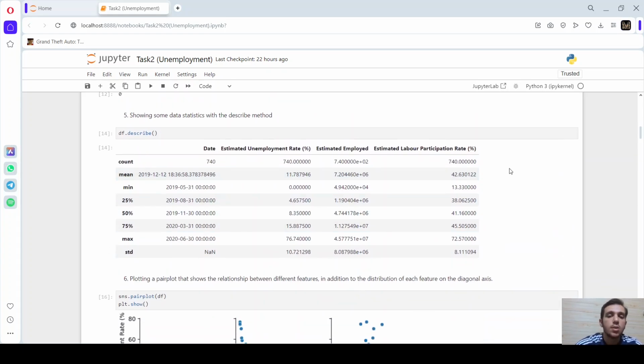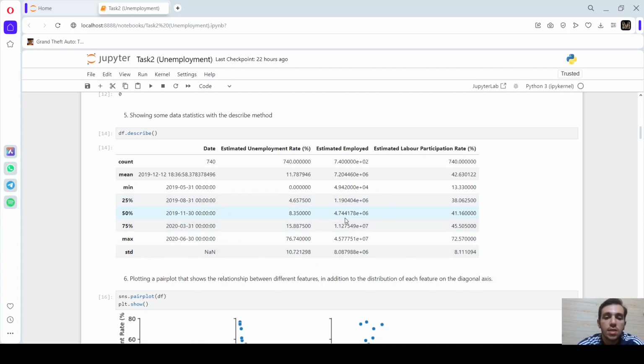Now we can describe our statistics for the numerical columns in our data. So we can see that the first date is 5/31, which means May, and then it ended in June 2020.